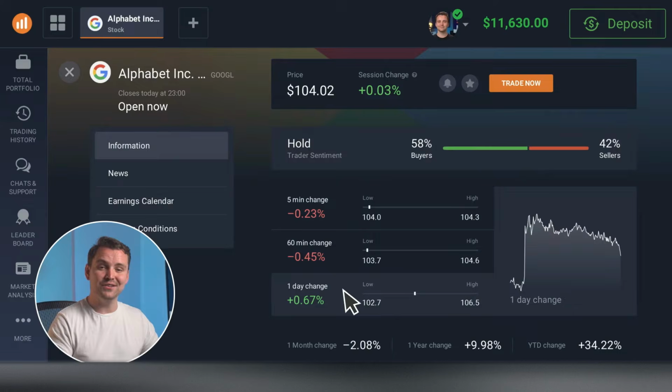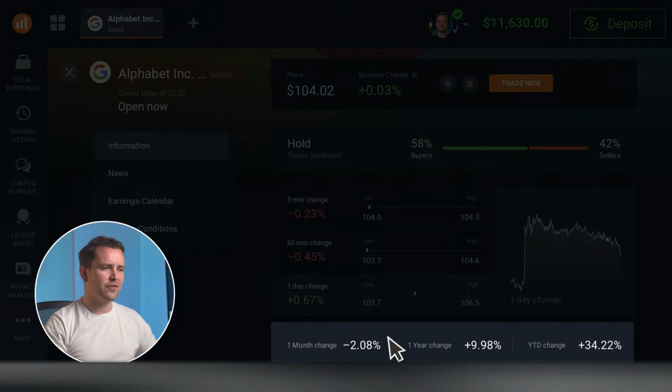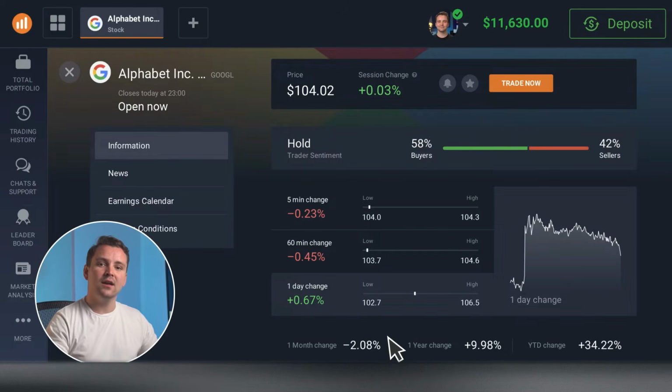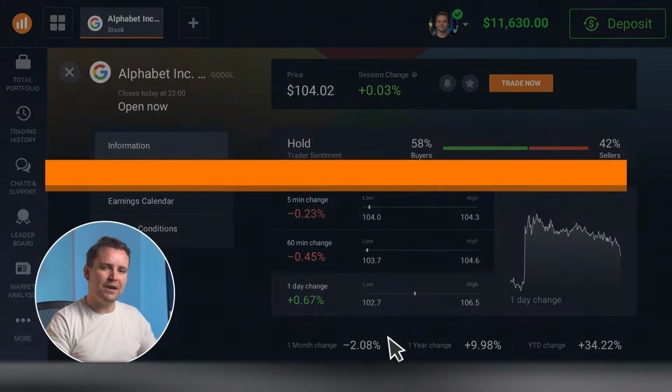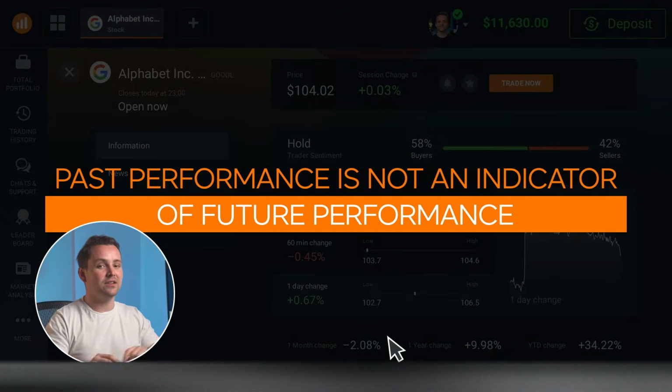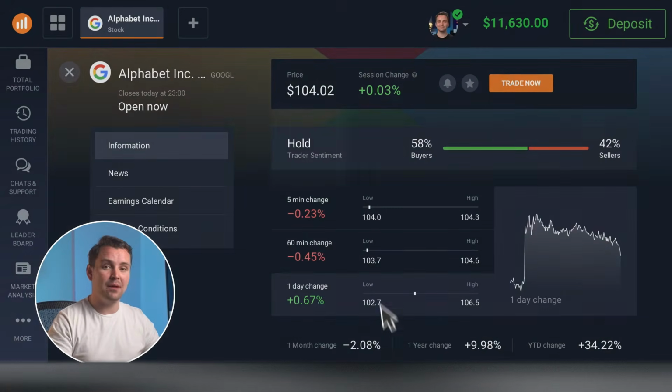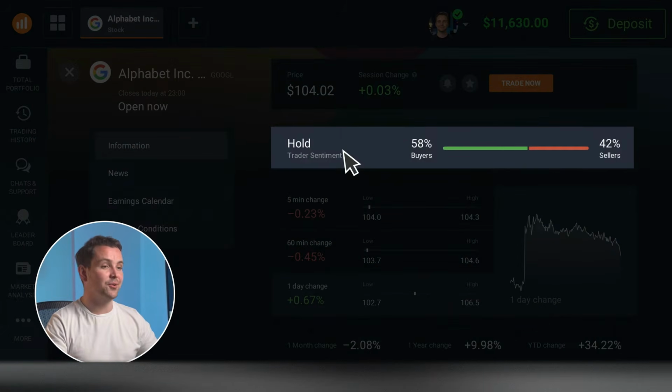Very convenient. In addition, IQ Option provides you with some data on a larger scale. Price changes over a month or over a year, or a year-to-date change. However, it's important to keep in mind that past performance is not an indicator of future performance. In the main information tab, I can see the current trader sentiment, whether buyers or sellers currently prevail.